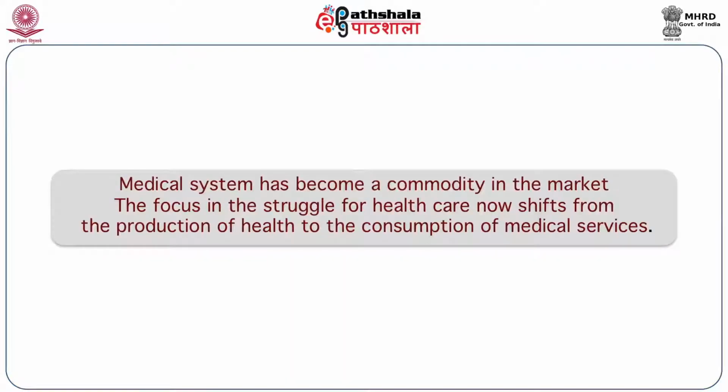The synergy between the scientific advancements and the capitalist ethos constituted the basis for the rise of allopathic medicine. The critiques of allopathic medicine point out that radical changes in the social and public life of people came about because of modern medical science and its applications, because the medical system has become a commodity in the market.